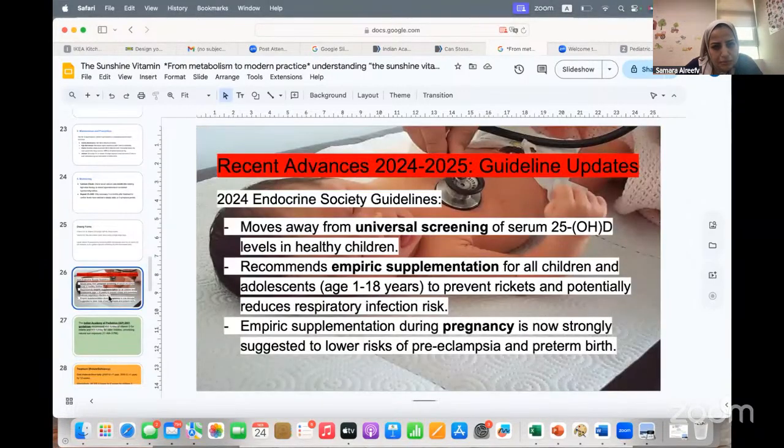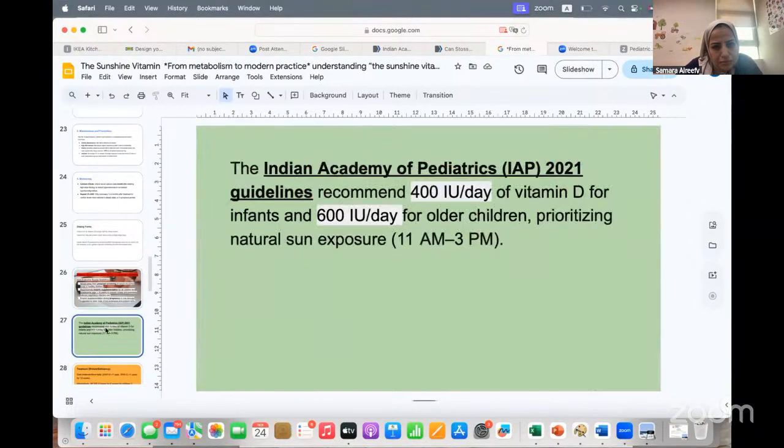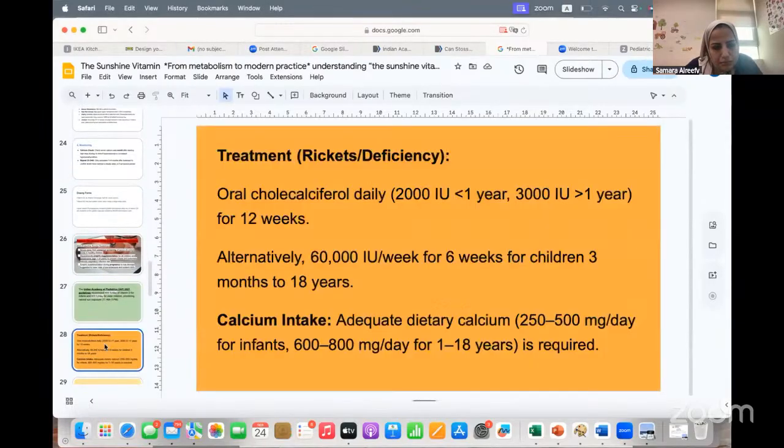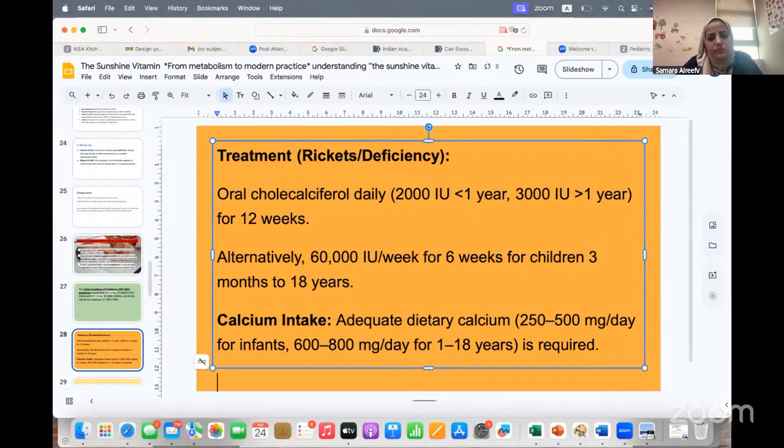And always, if you're going for a higher dose regimen, assess the status of calcium and phosphorus, for younger age specifically. You need to assess the background metabolic status always. Okay, so calcium, phosphorus, along with your PTH and alkaline phosphatase at the same time.